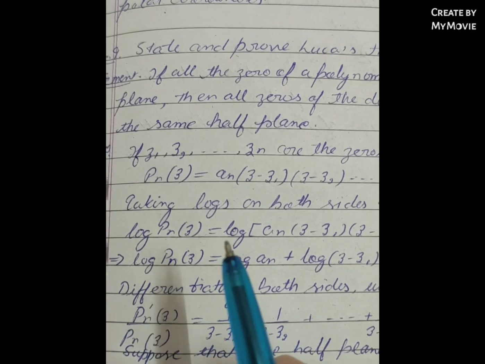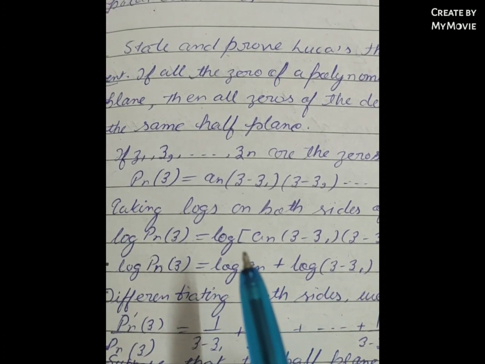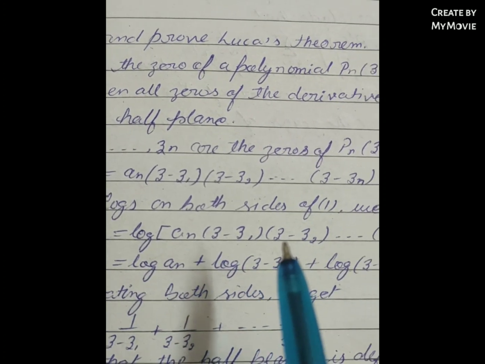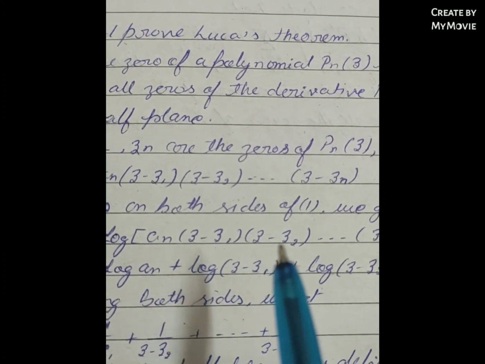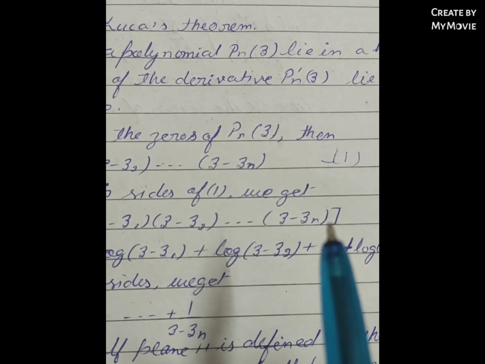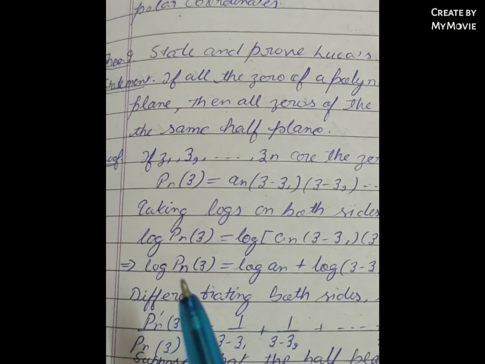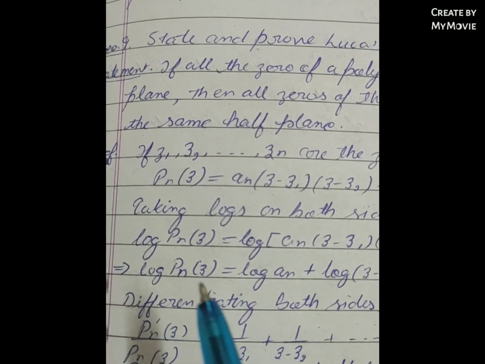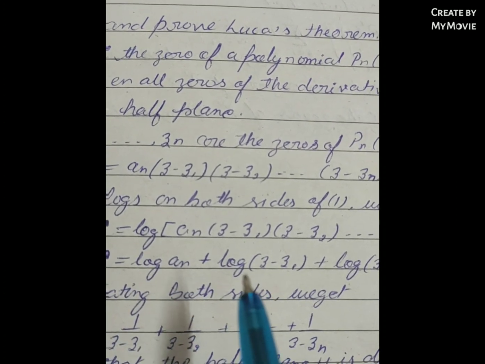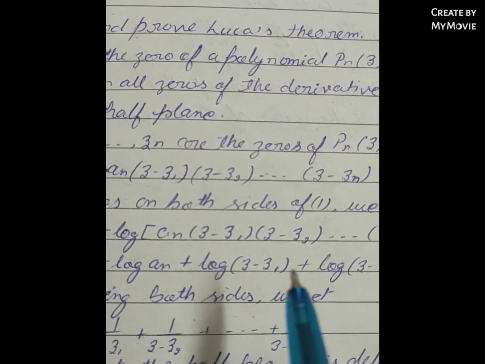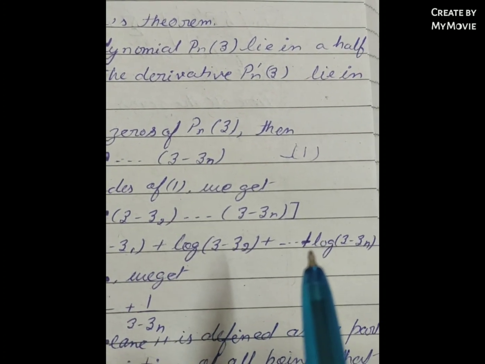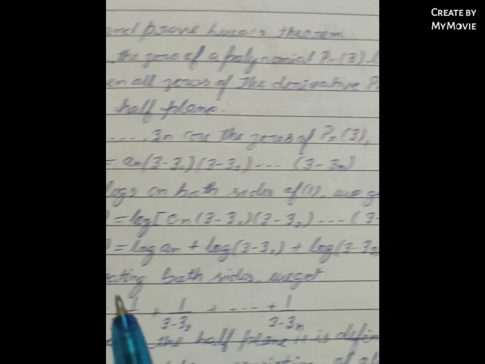log P_n is equal to log of [a_n (z minus z1)(z minus z2) and so on (z minus zn)], which implies log P_n(z) is equal to log of a_n plus log of (z minus z1) plus log of (z minus z2) plus and so on plus log of (z minus zn).